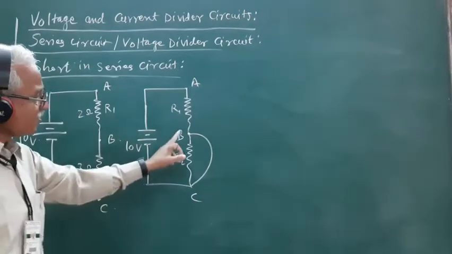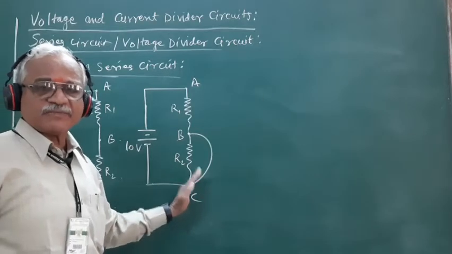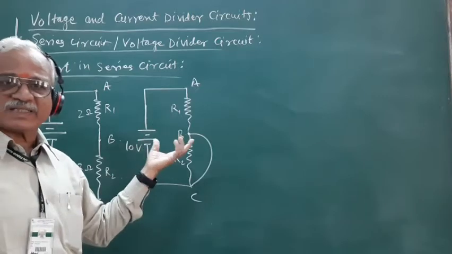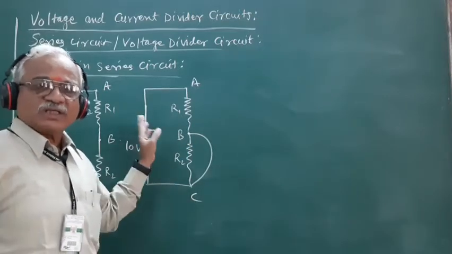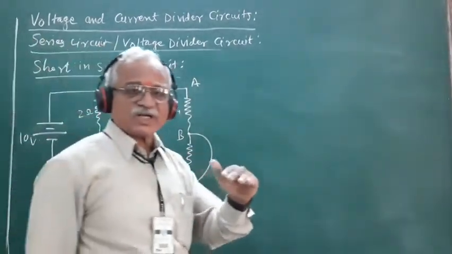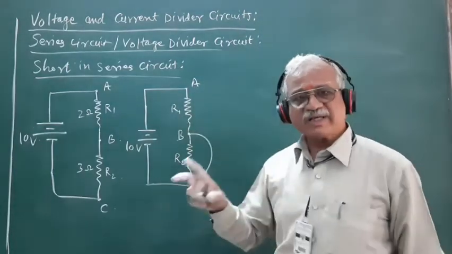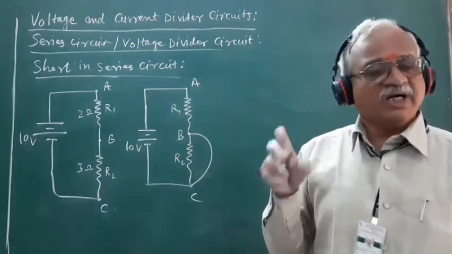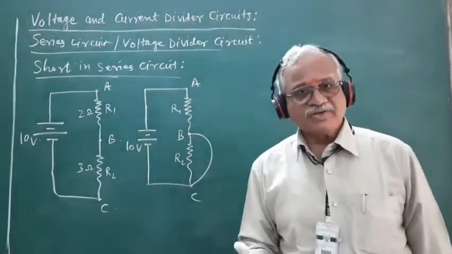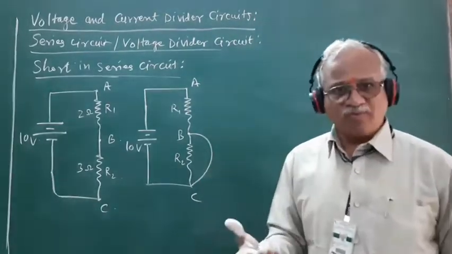So if such a short is appearing in the given series circuit, the power drawn from the source increases tremendously, so that large current flows through the circuit, and due to the excessive current flowing through the circuit, the different components in the given circuit get heated up, and if this current is very large, then on certain occasions it may so happen that some of the components may get burned off.